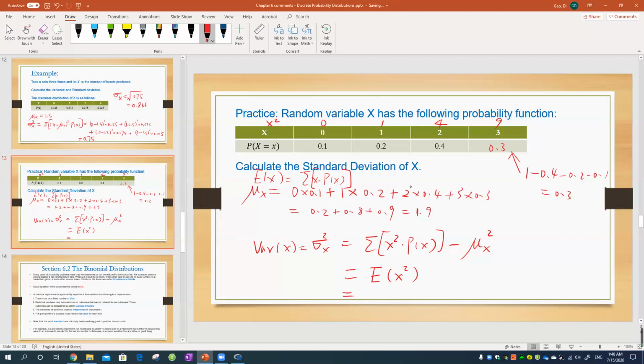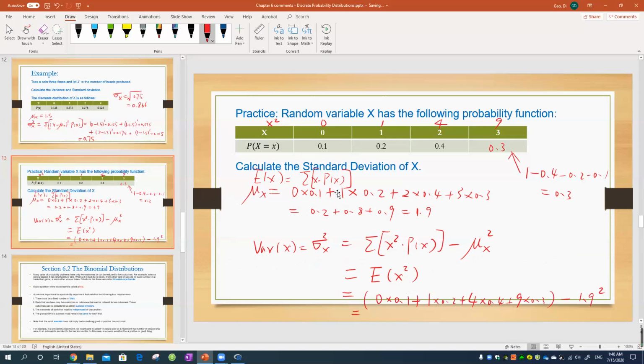The first squared value is 0 times 0.1, plus 1 times 0.2, plus 4 times 0.4, plus 9 times 0.3. This sum minus mu of x, which is 1.9, squared.